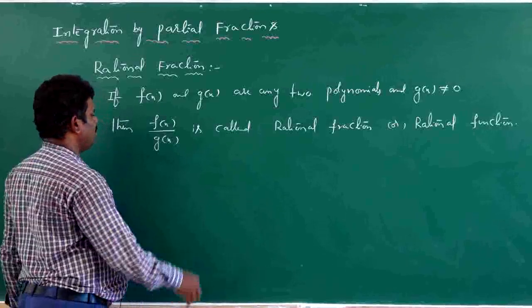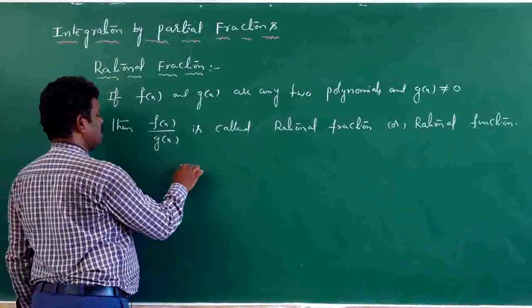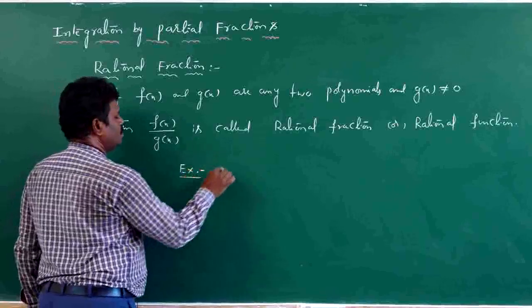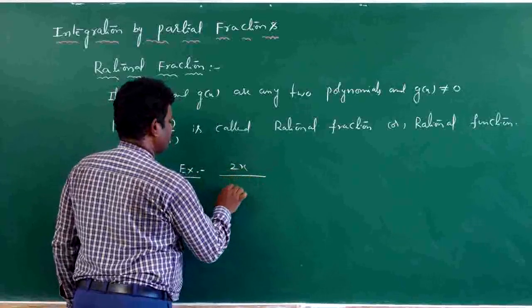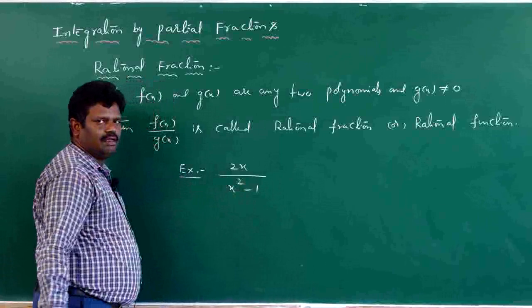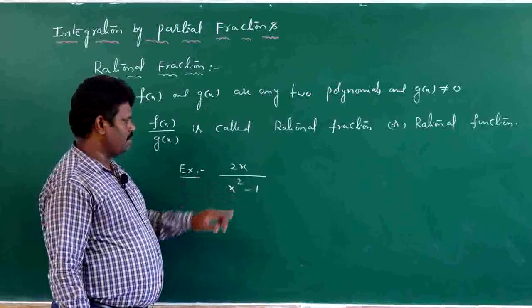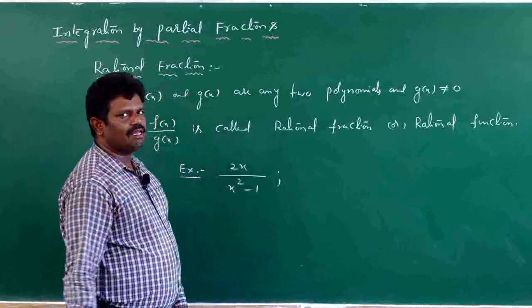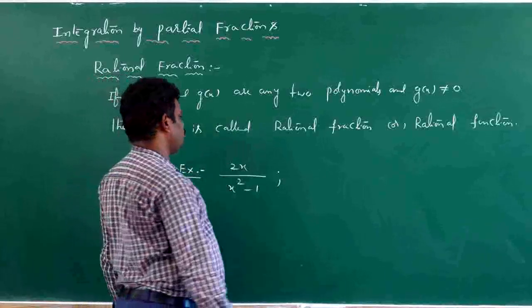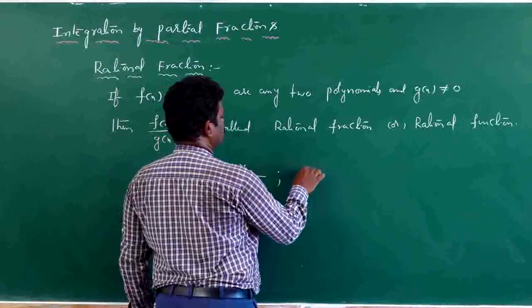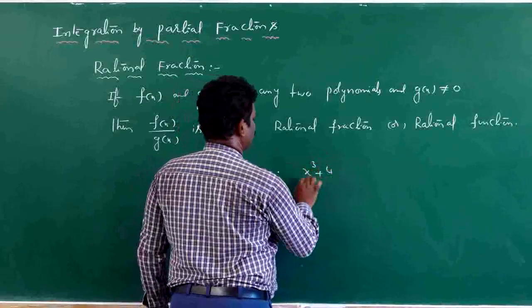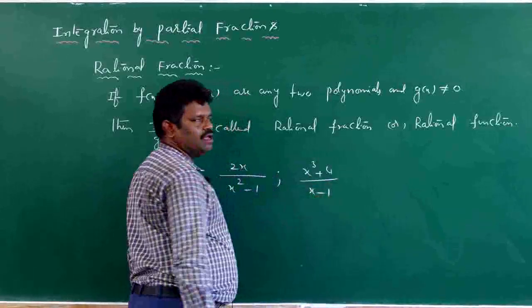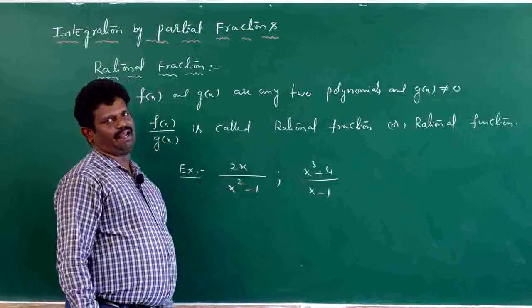Examples of rational fractions: 2x by x square minus 1, or x cube plus 4 by x minus 1. These are all rational fractions.